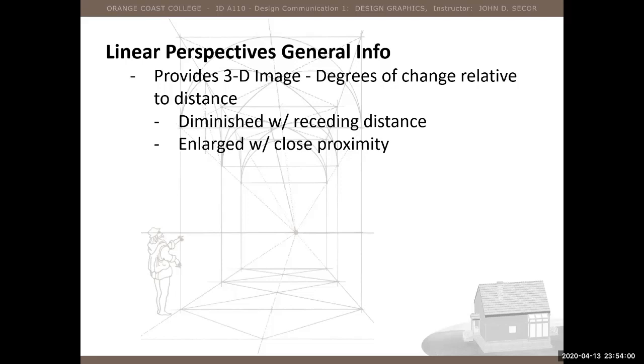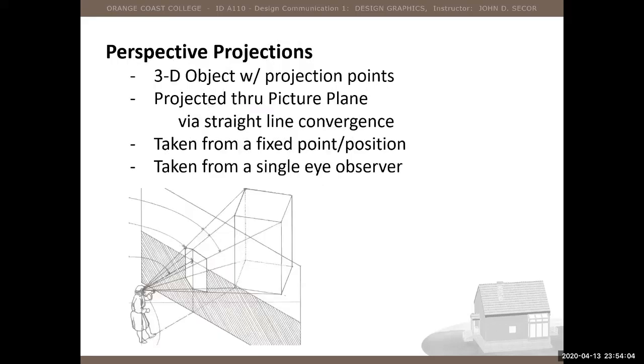So as we move forward, there are these rules, and one of the rules, as we start to look at the process of building perspectives, is that we're working with projections or projected lines and projection points.